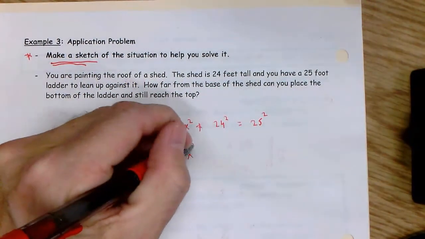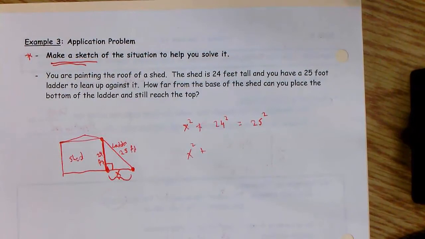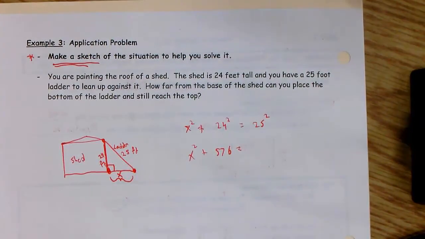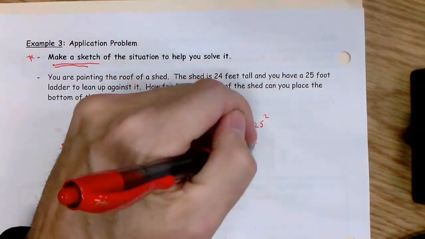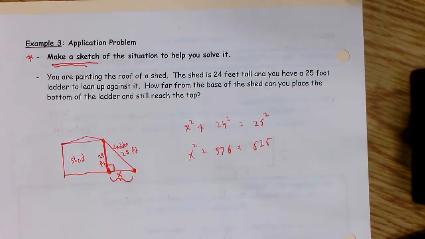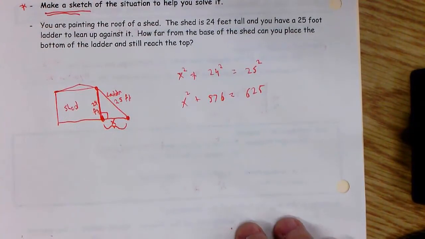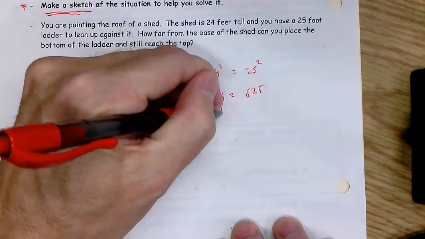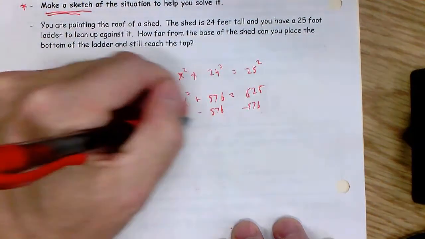All right, so the first thing I would do is square my numbers. 24 squared is 576. 25 squared is 625. I now need to get the x by itself. So I'm going to get rid of the 576 by subtracting 576 from both sides.